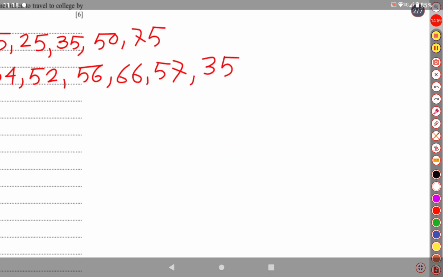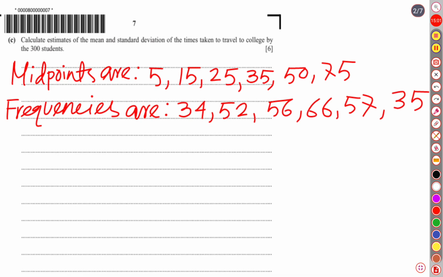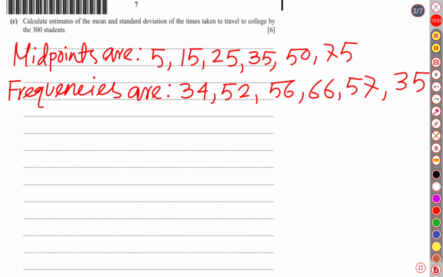So now we can easily find the mean. They have told us to estimate the mean. What is the formula for mean? Midpoint into frequency.